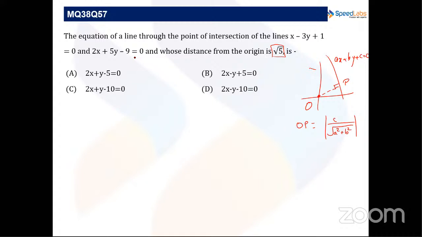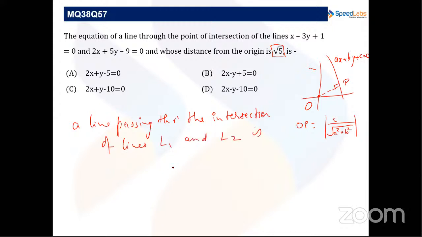So what you can do is, you can either solve these two lines, find the point of intersection, and then put this in the equation and then solve it, or we can use the concept that a line passing through the intersection of lines L1 and L2 is L1 plus lambda times L2 equals to 0.